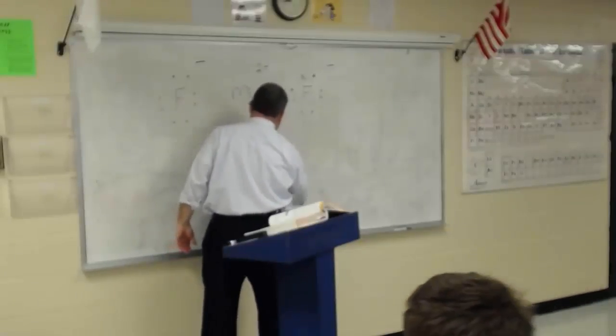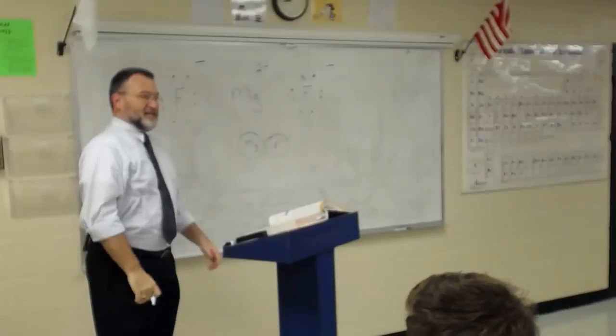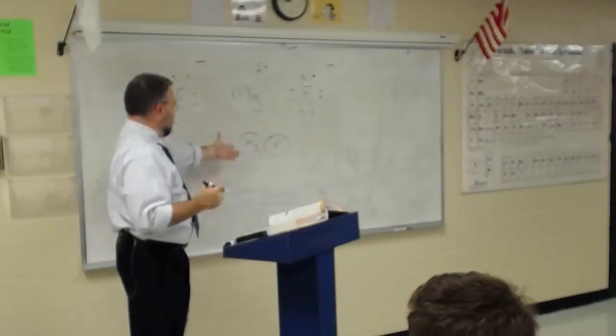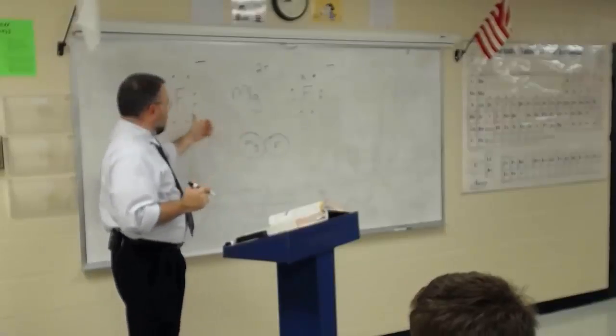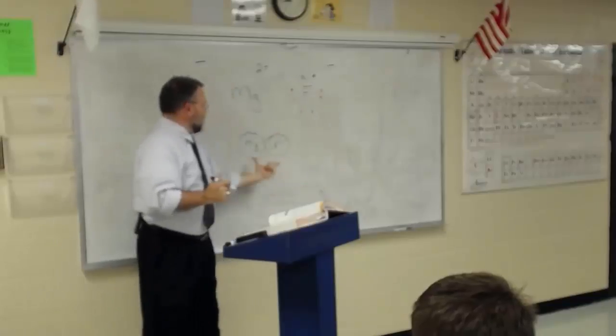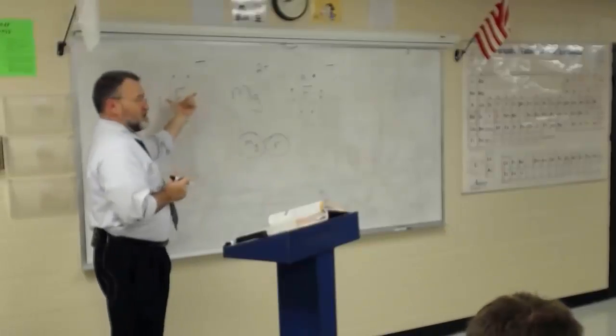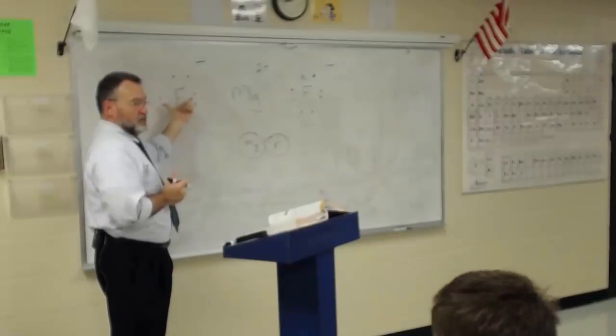It's going to come down, and it's going to be electromagnetically attracted to the magnesium. When these two come together, this has a plus 2 charge, this has a minus 1 charge. What's the net charge of this combination now? Plus 1. Guess what? We've got a negative 1 right here.